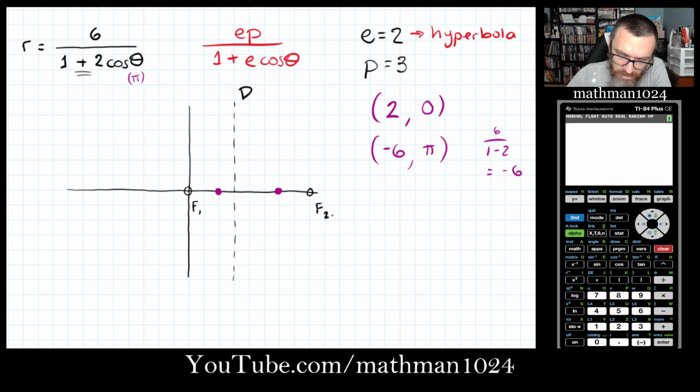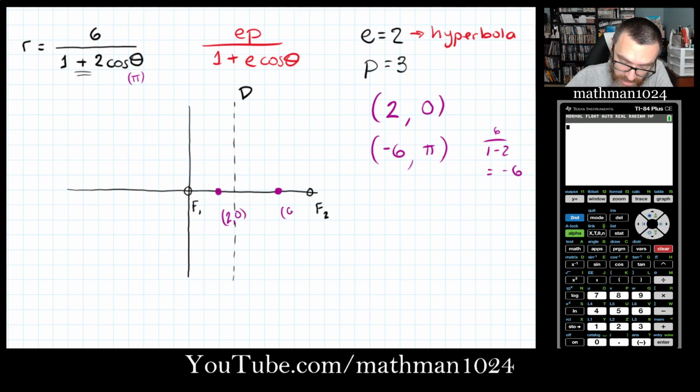which means that our transverse axis is, again, what we already said, it's going to be this line right here. And our center is going to have to be the halfway point between these two vertices. So let's get some labels on here. So this is the focus, in rectangular coordinates that's 2, 0.